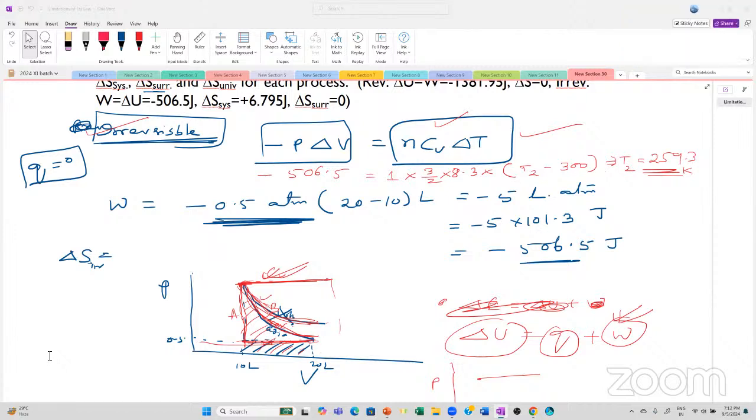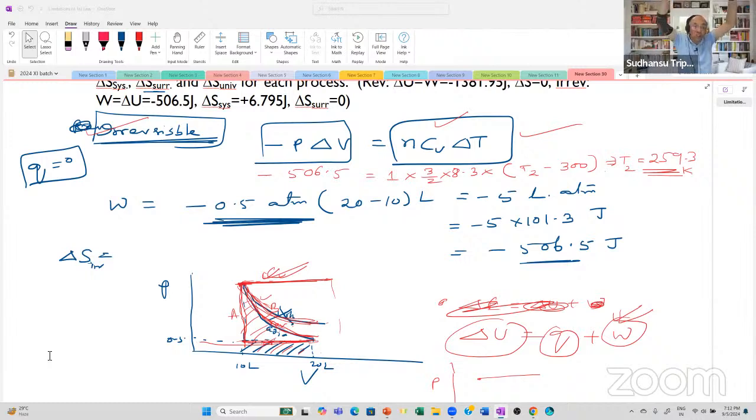The irreversible compression. Precisely. Work done in the irreversible compression is more, and the reversible compression is less. So it will generate more internal energy because the work is done on the system, in this case in compression. So the temperature increase will be more. The final temperature in compression is more in irreversible compression than in reversible compression.